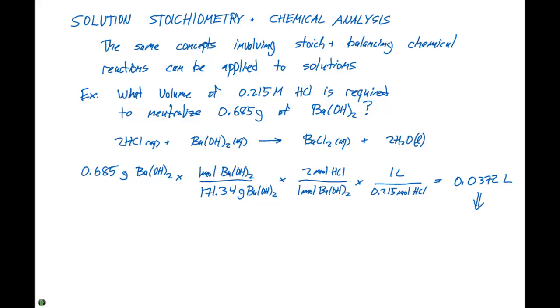Or if we were asked this quantity in milliliters, which is probably what you're going to have to do, this is going to be 37.2 milliliters. So we can use a couple concepts, knowing about neutralization reactions and using solution stoichiometry, to determine what particular volume we would need of, in this case, an acid to neutralize a particular quantity of a base.